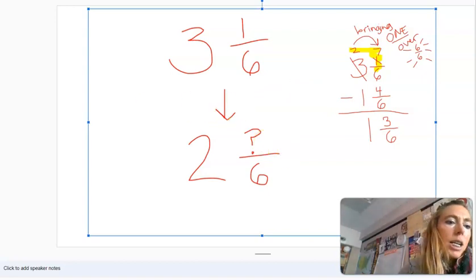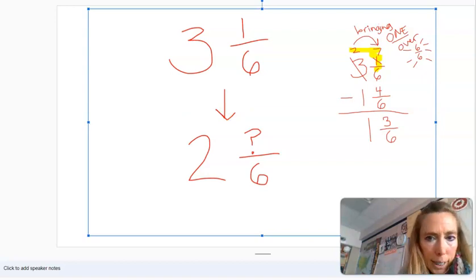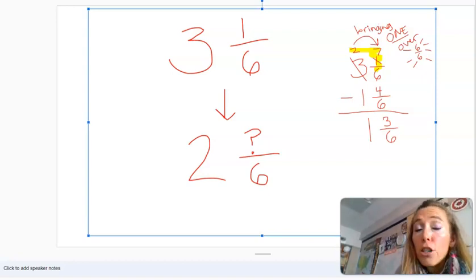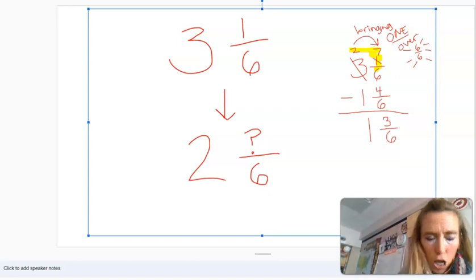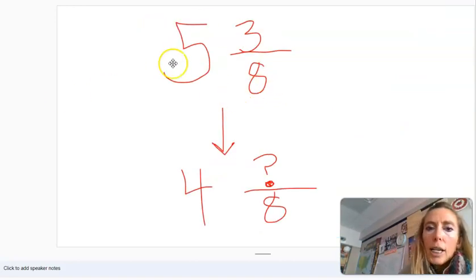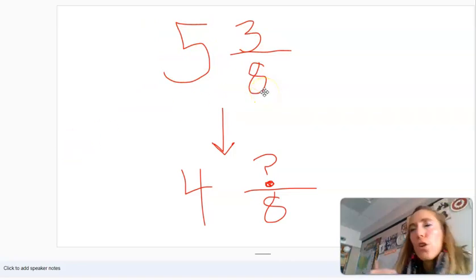Okay? So I'm going to have you practice regrouping, because sometimes you're going to have to do that when you have mixed numbers and you're subtracting. Okay? So I have another one for you to try. Start off with 5 3/8. Let's say you're working through a subtraction problem and you're like, oh no, I can't take away this amount from 3.